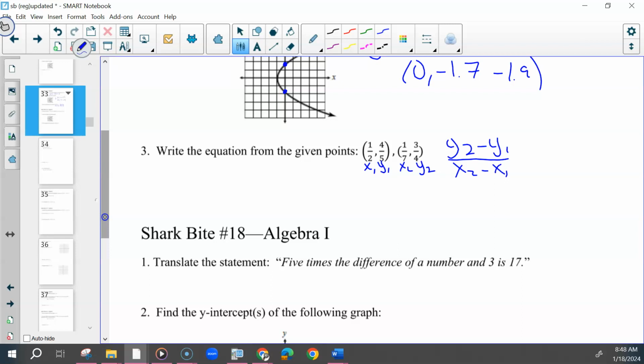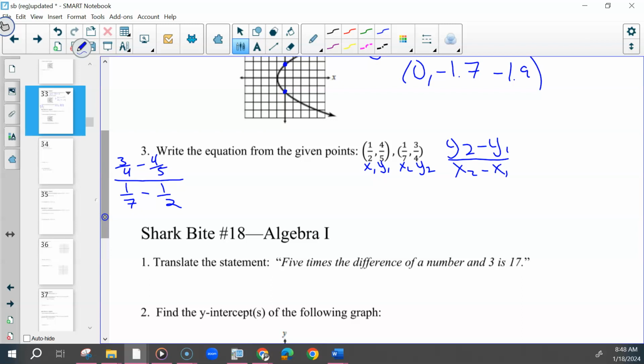So this would give us 3/4 minus 4/5 all over 1/7 minus 1/2. And then we would need to get common denominators for everything.